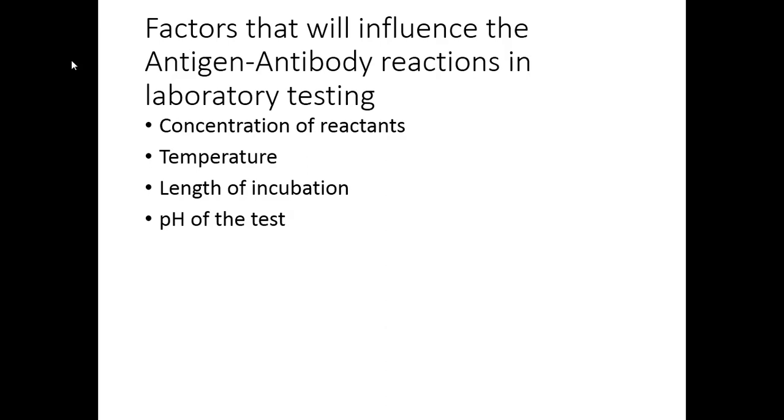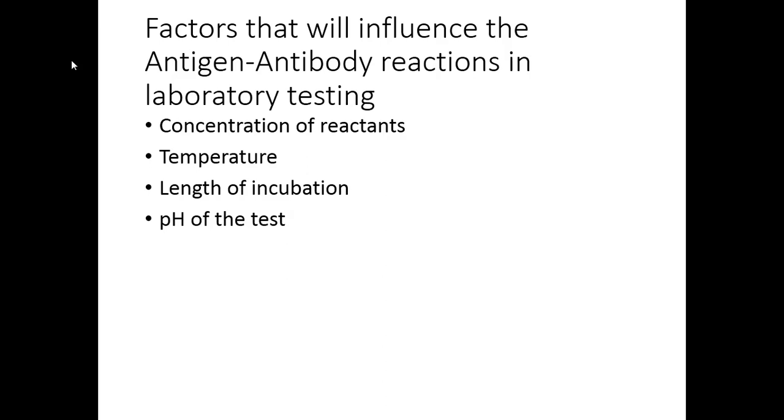The relative concentration of reactants, that is antibody to antigen, is going to be a factor. We're going to see in a few minutes why. Temperature is going to influence the reaction. Length of incubation, how long we stick antigen and antibody together in a test tube before we look for a result. The pH of the test can also influence the antigen-antibody reaction.